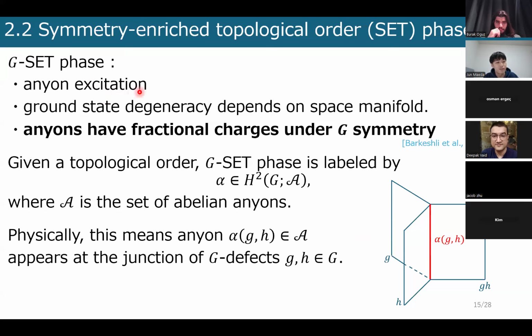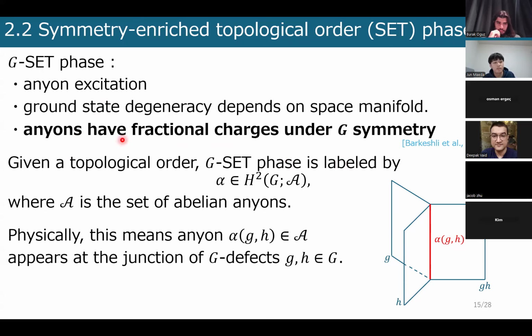So in a topological order phase, the ground state degeneracy depends on the space manifold because of these anyonic excitations. A G-SET phase is a topological order phase, and it is also characterized by this property: anyons of the topological order have fractional charge under the G symmetry.